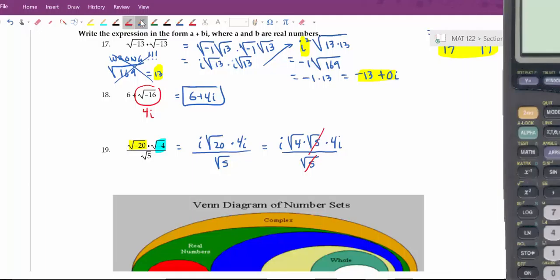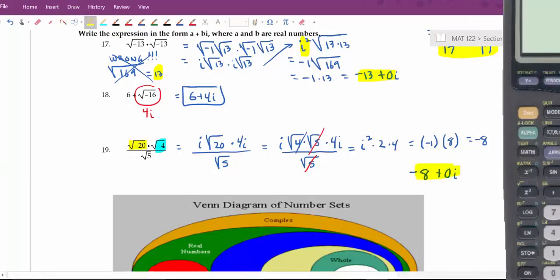And then if you put this all together, we would have i times i is going to be i to the second. Square root of 4 is going to be 2. And then we have the 4 like that. So that will give i squared is -1. And then 2 times 4 is 8. So we would have -8. And then we would write that as -8 plus 0i in our complex number form.